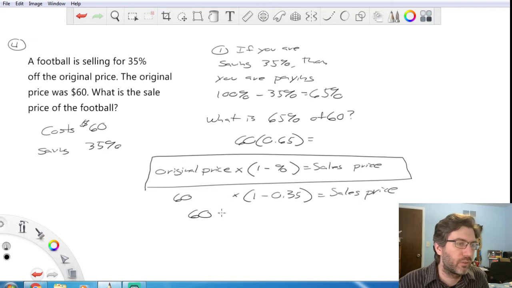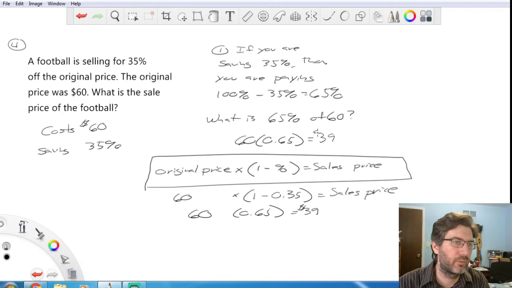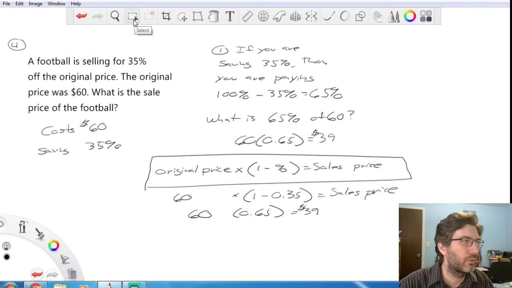Yeah, so 60 times 0.65 equals your sales price, which is 60 times 0.65. It's $39. That's still $39 as well. So I can clear all this up and I'll just give it to you generically.